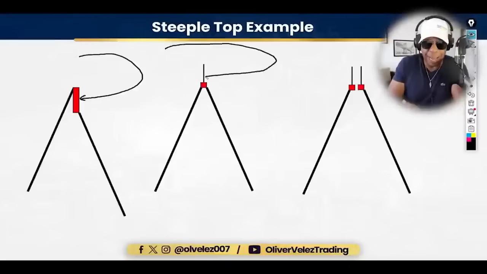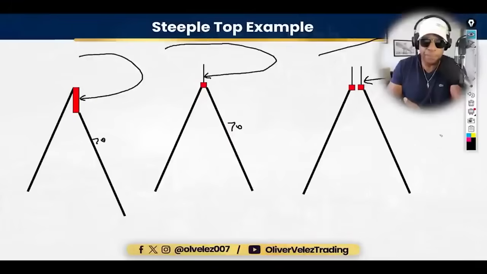You can have the top that is locked in or formed with the topping tail bar, or you can have the top that is locked in or formed with the dual or triple tail bar. 70% follow through rate, 90% follow through rate. All right.